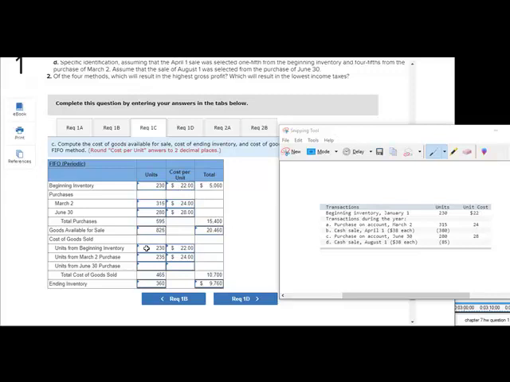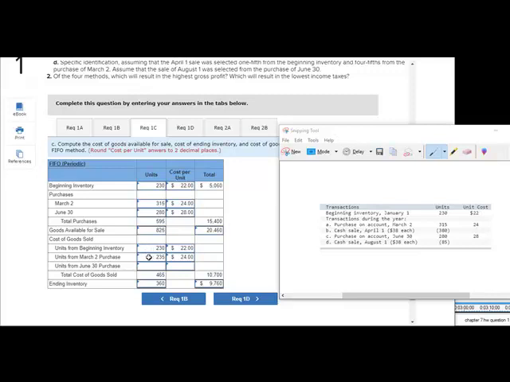And then I'm going to figure out, well, how many more units did I sell besides these 230? So 465, that's the total units I sold, minus this 230 equals 235 more.